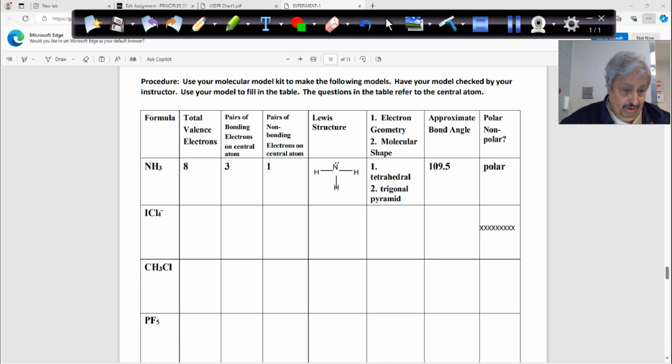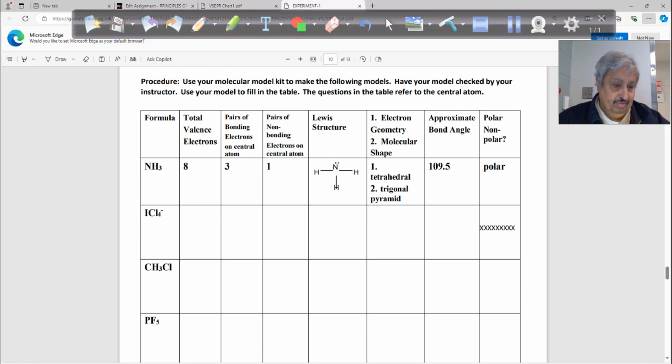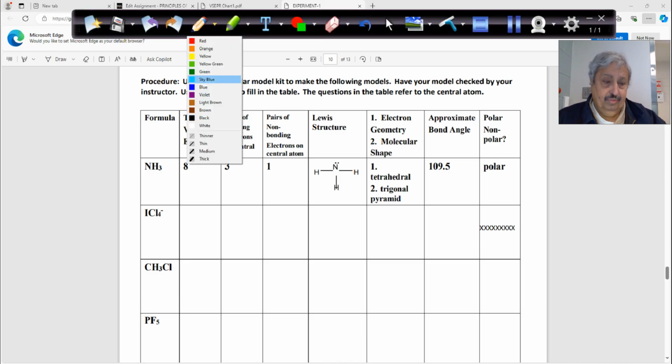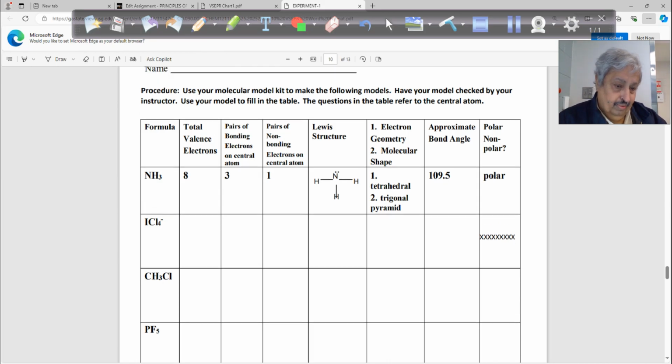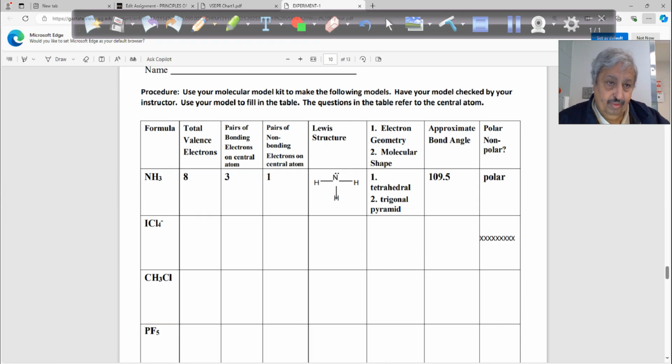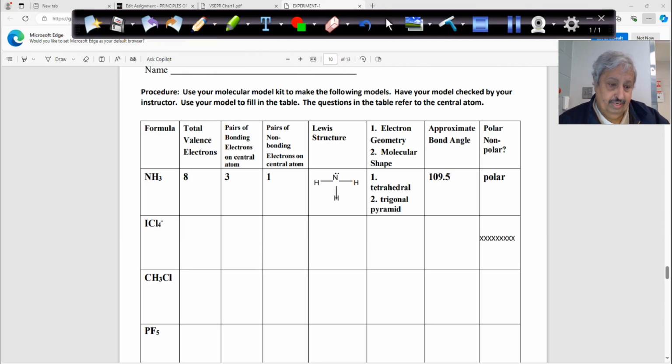So how about the total number of electrons? Somebody will tell me how to calculate total valence electrons here. What's the total valence electrons?